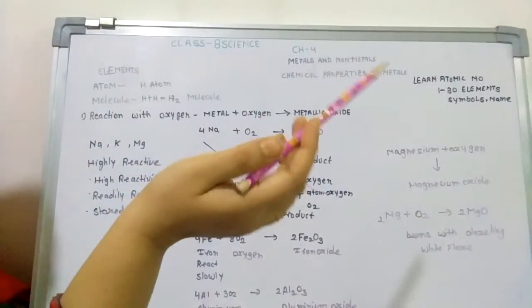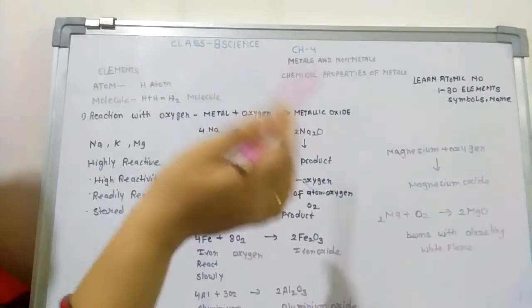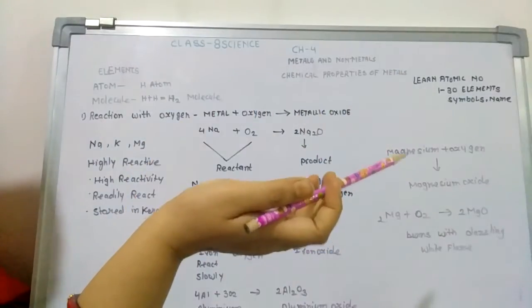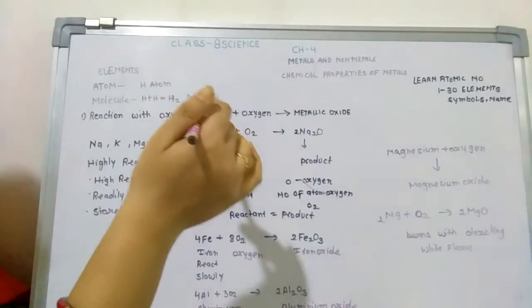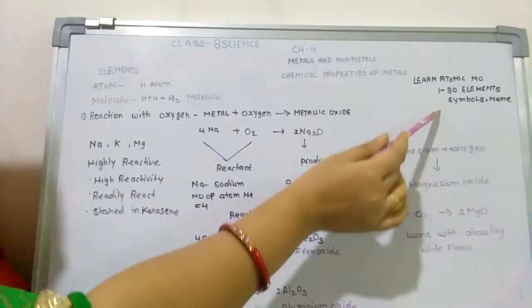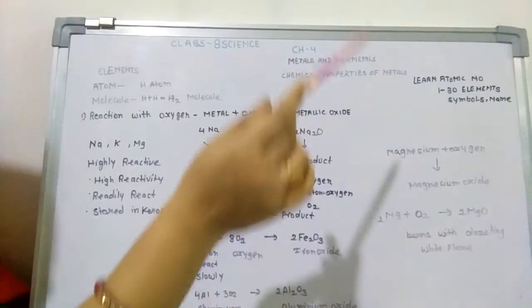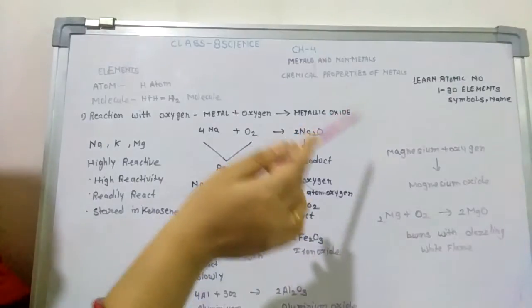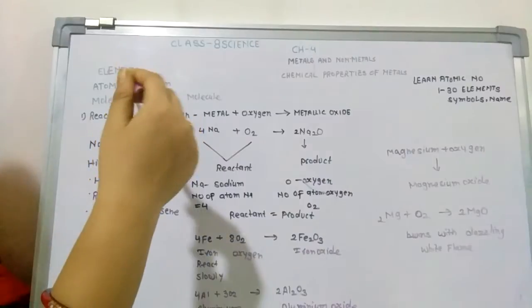There are 118 elements discovered, in which approximately 92 are metals and 24 are non-metals. So you have to learn the 1 to 30 elements and their symbols and names also. It is easier to understand the concepts of this chapter.